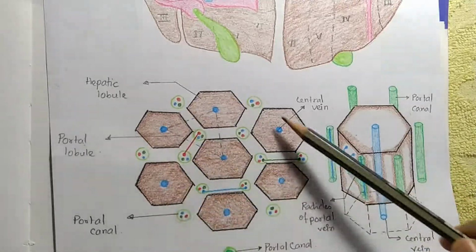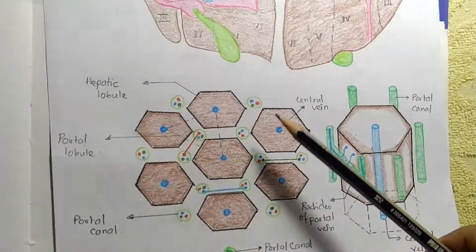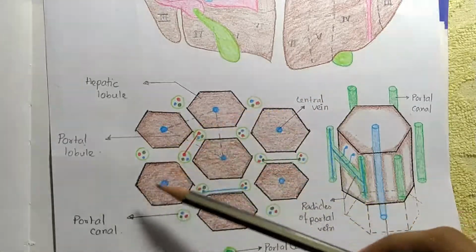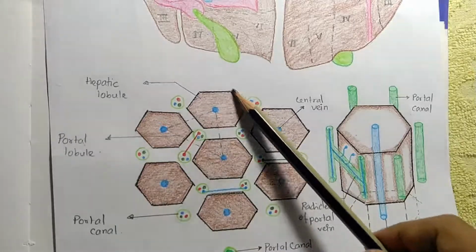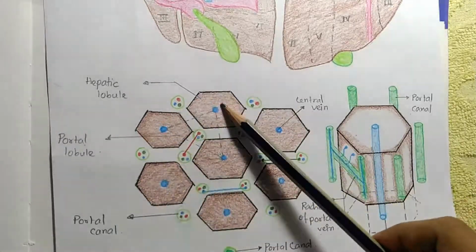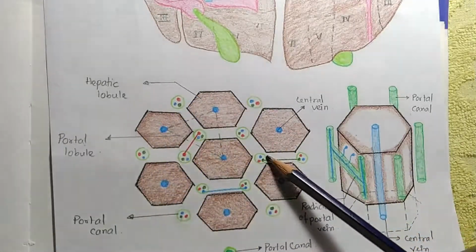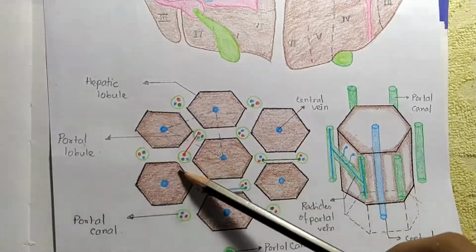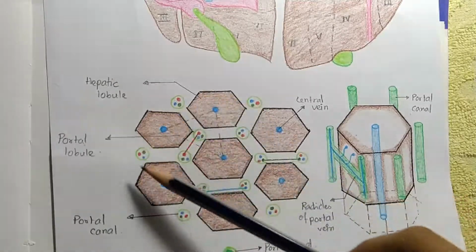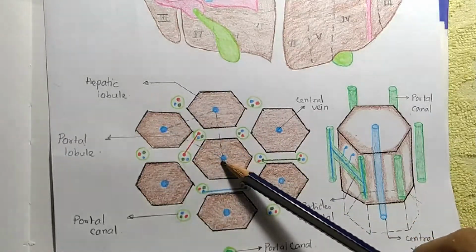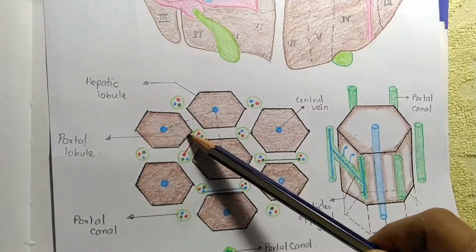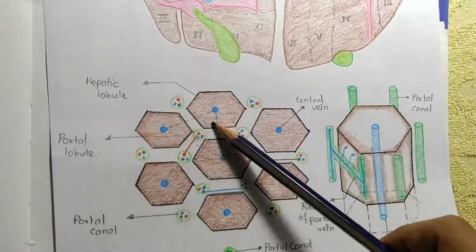So these are the hepatocytes that collaborate with each other, forming the hepatic lobule. So this is the hepatic lobule, which consists of some hepatocytes and portal canal along with some portal lobule. Because 3 hepatocytes are supplied by a single portal canal, it is called the portal lobule.